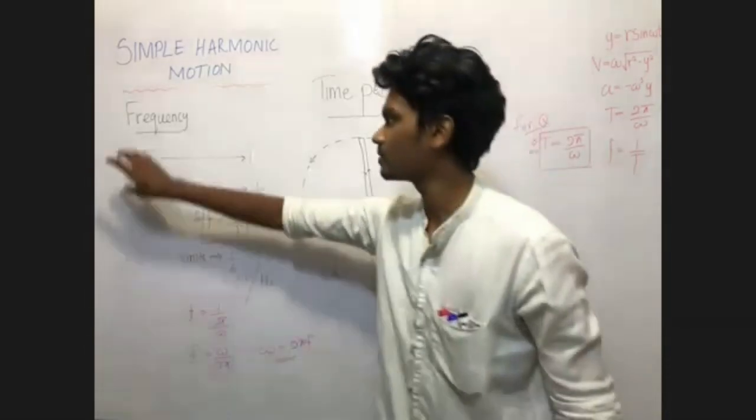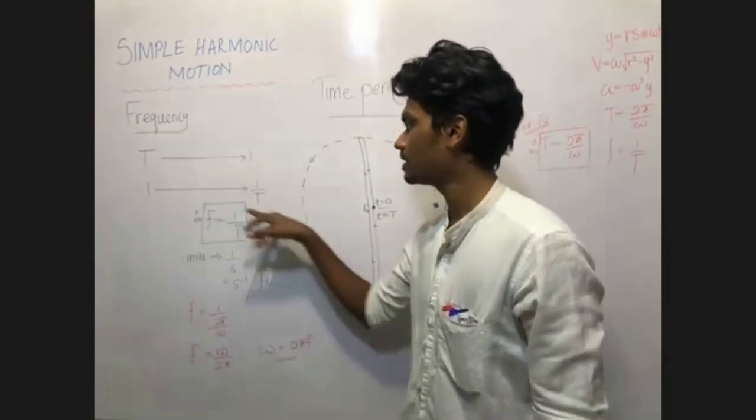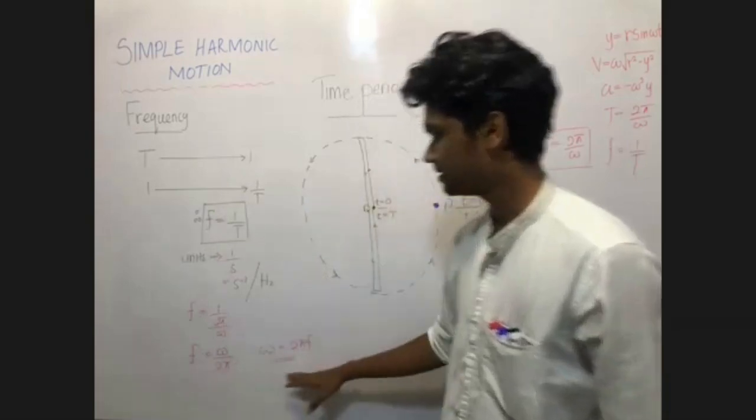So write these things down: frequency equals 1 over T, units, and this equation.